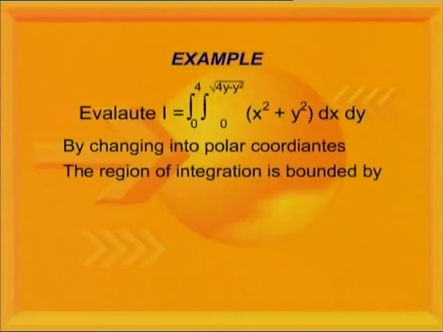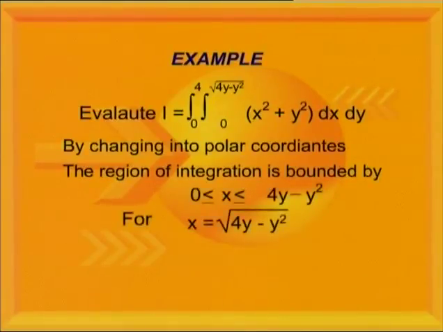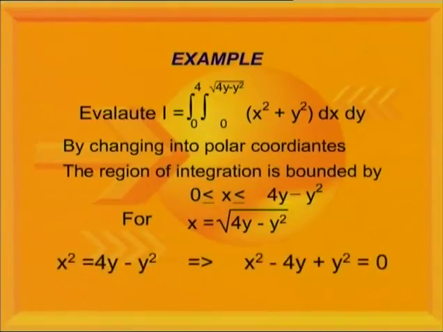To find the limits, let us trace the region. x is lying between 0 to x is equal to square root of 4 minus y square. Square it, so you will get x square plus y square is equal to 4y, and x square plus y square minus 4y is equal to 0.